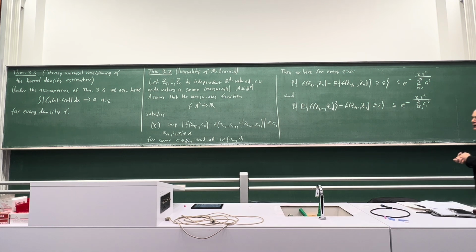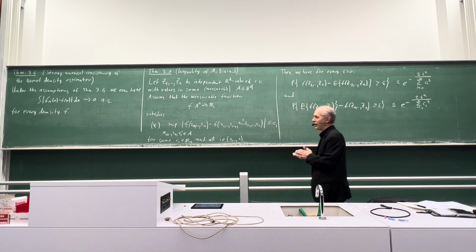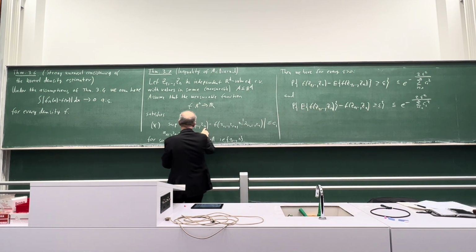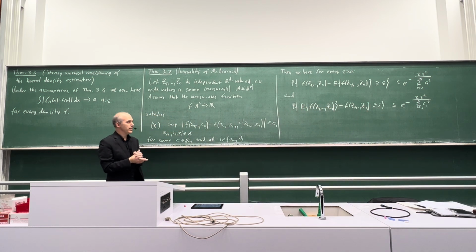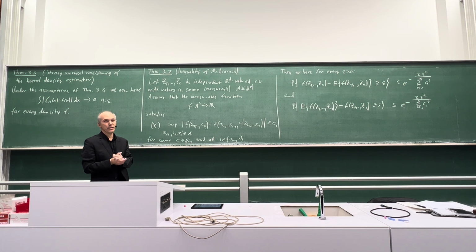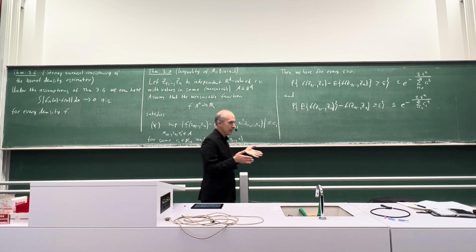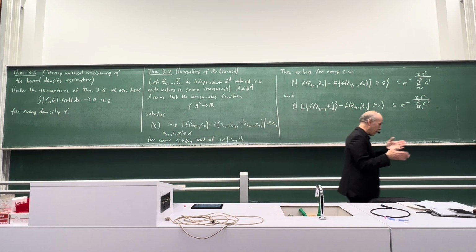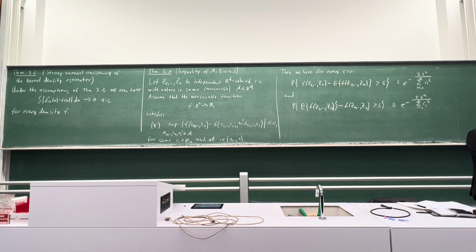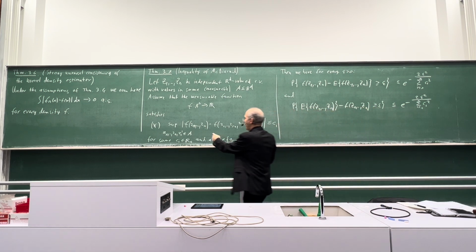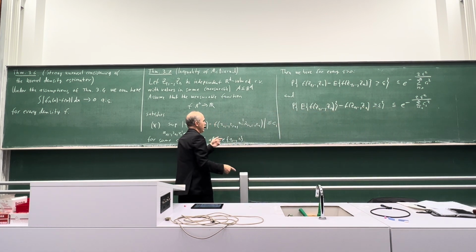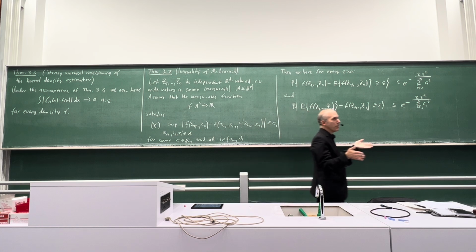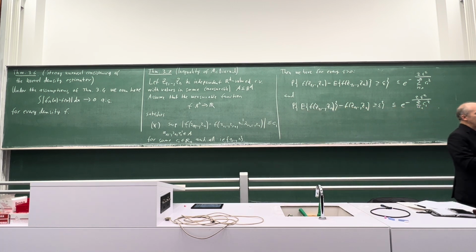And in fact, if you use that f(z1, ..., zn) is just the sum of the z1 to zn, then this is exactly the inequality of Hoeffding, because in Hoeffding you have that the zi take on values in some interval from ai to bi. So if I change the zi in the sum, the maximum difference will be bi minus ai.